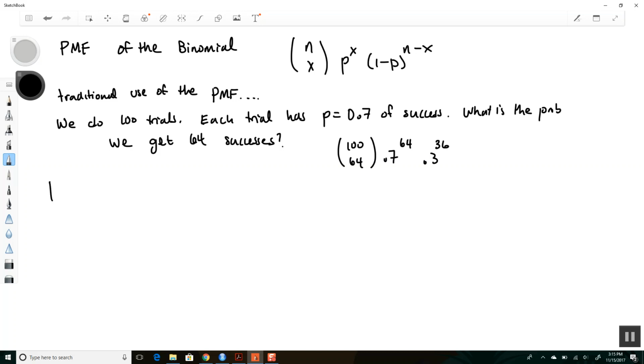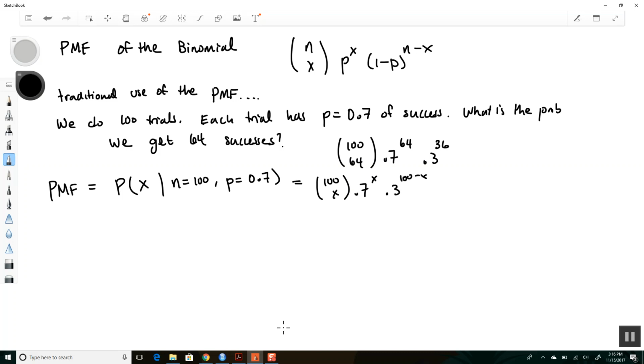And the PMF is basically a function of X. It's the probability of X given that N is equal to 100 and P is equal, in this case, to 0.7, right? Basically this is 100 choose X, 0.7 raised to the X, 0.3 raised to the 100 minus X, if we want to calculate for other values of X. All right, is this okay so far?